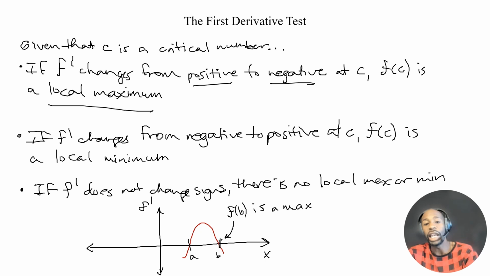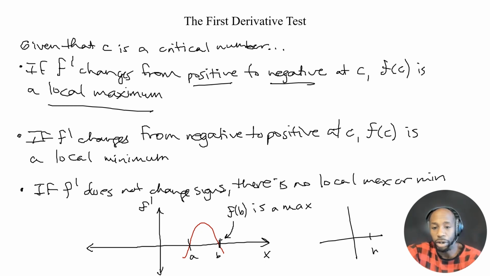If this is the graph of f, and B is right here, then it's changing from positive to negative, and that means it's a maximum.